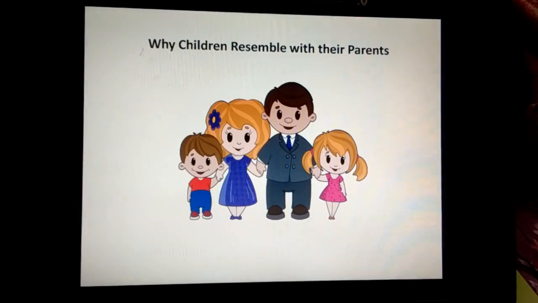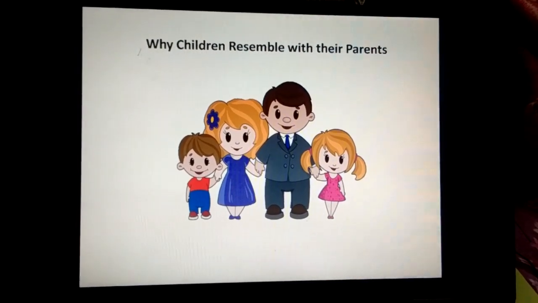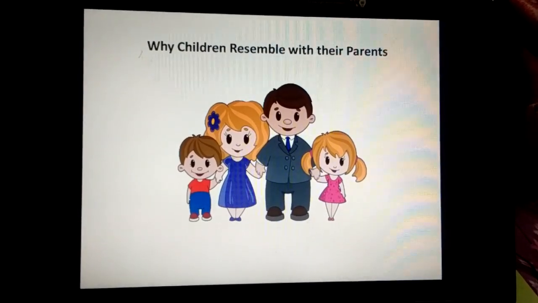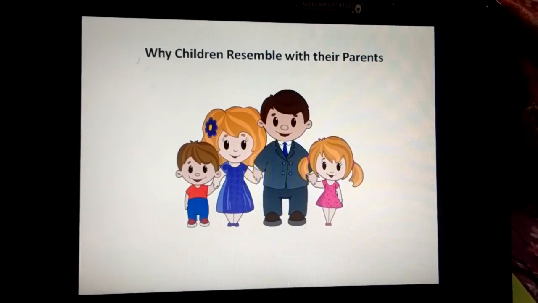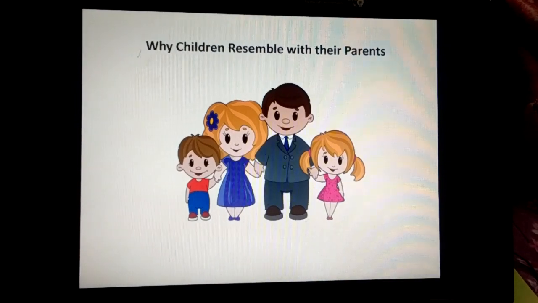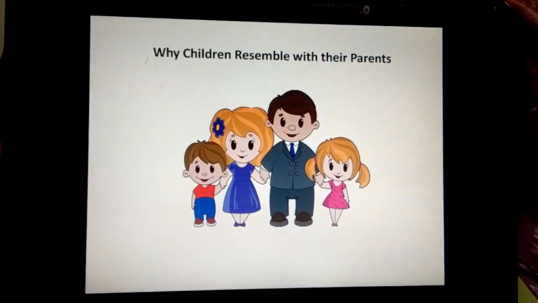The resemblance is in the physical features and in habits and nature that children get from their parents or family members, and are called hereditary traits.